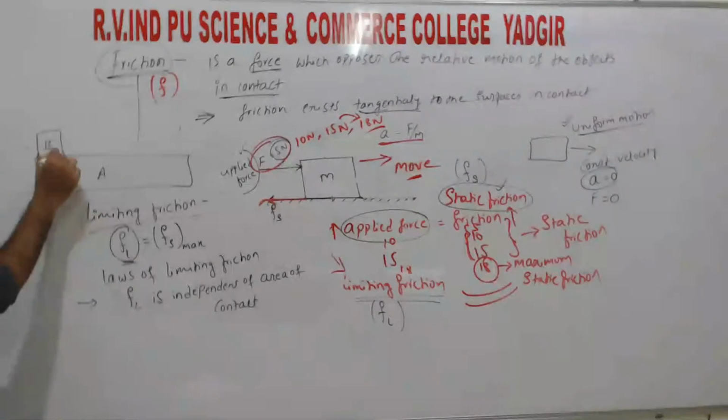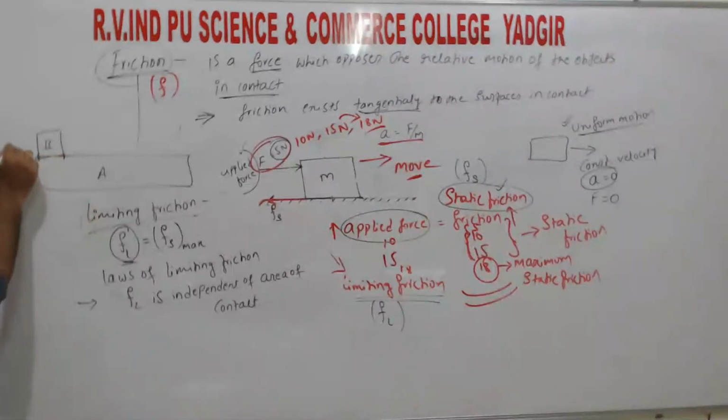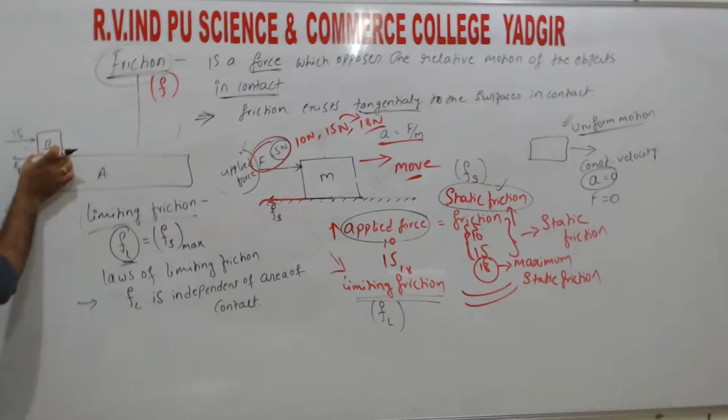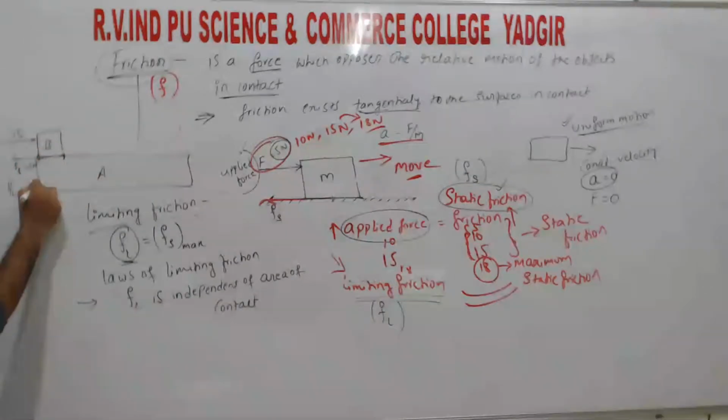This area is very small, right? If I apply some 5 Newton force, the static friction will be 5 Newton, right? If I apply some 15 Newton, the object will start to move. That means the limiting friction FL value is some 15 Newton, right?